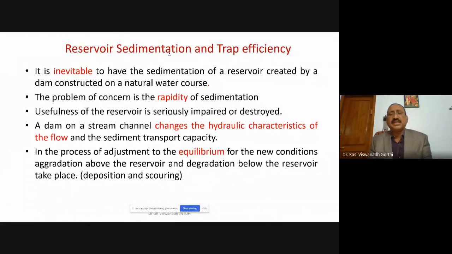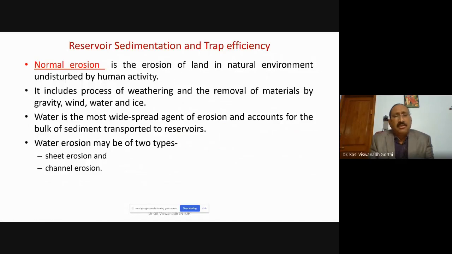Since the reservoir is formed, the flow is getting obstructed, and it always tries to adjust to the equilibrium condition. So to adjust to this equilibrium condition, there will be deposition, aggradation, and degradation, scouring. Both will be taking place to bring it back to the neutral or equilibrium condition.